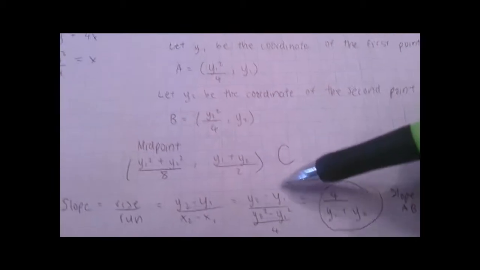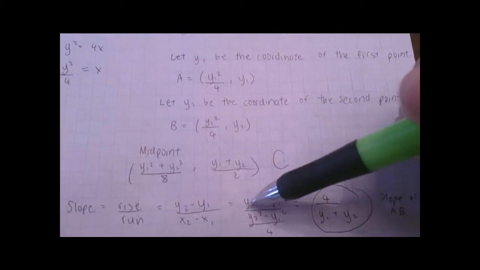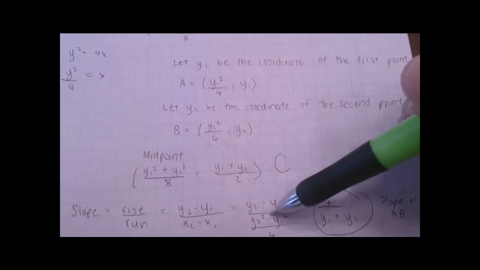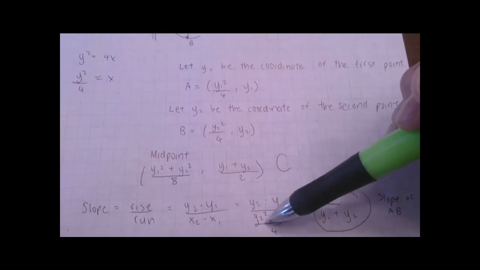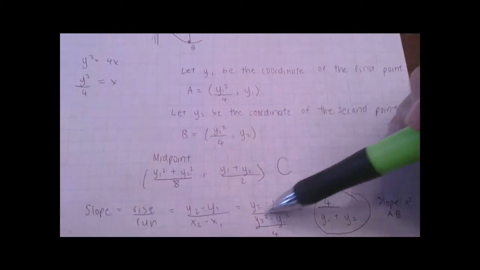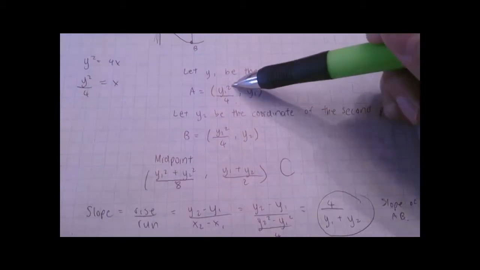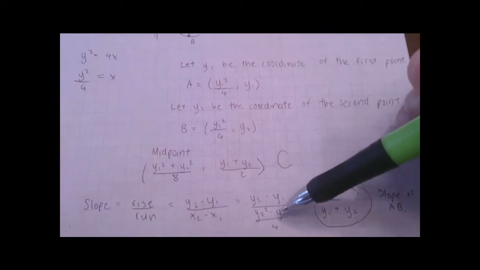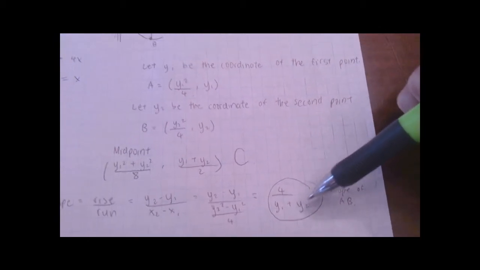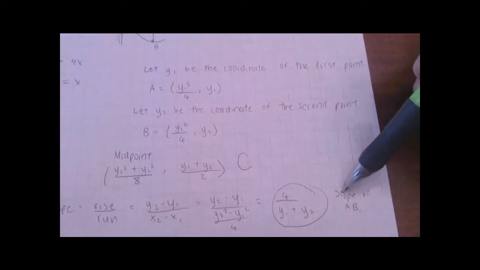So we just plug that in. The y coordinate of our second point is y2. The y coordinate of our first point is y1. The x coordinate of our second point is y2 to the power of 2 over 4, and then minus our first x coordinate, y1 to the power of 2 divided by 4. So it's all over 4. And then if you expand that, you get 4 over y1 plus y2. And that is the slope of AB.